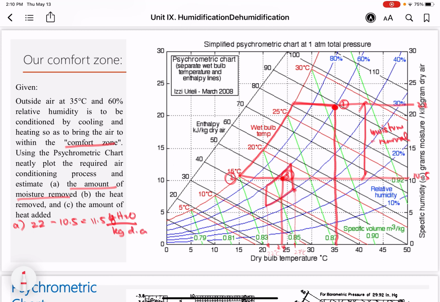Okay? Now, we are to get how much is the heat removed. For you to get the amount of heat removed, you have here, so heat removed, it's cooling, right?